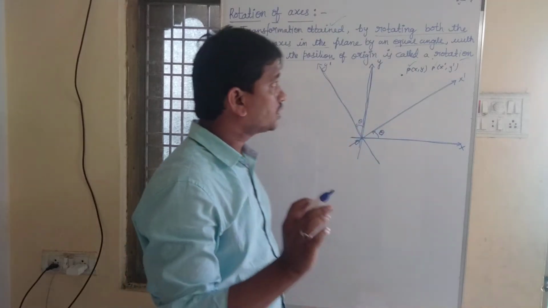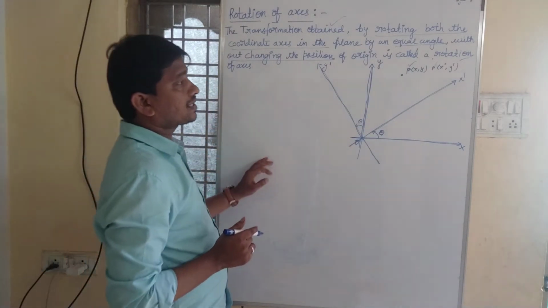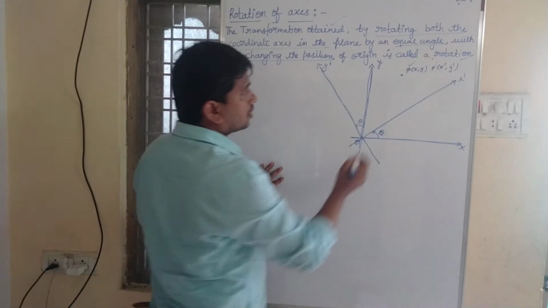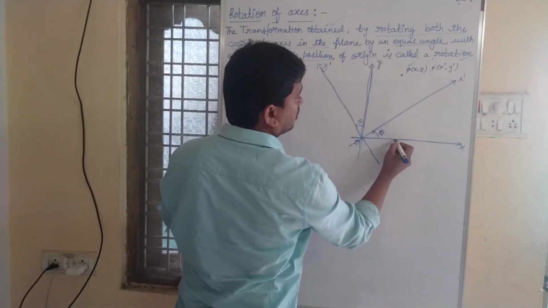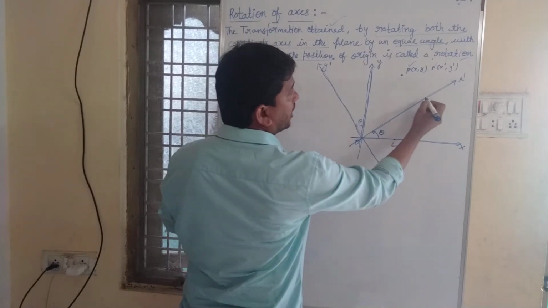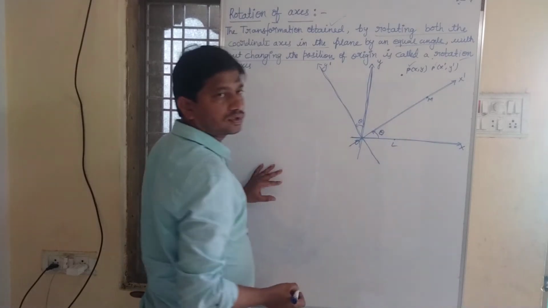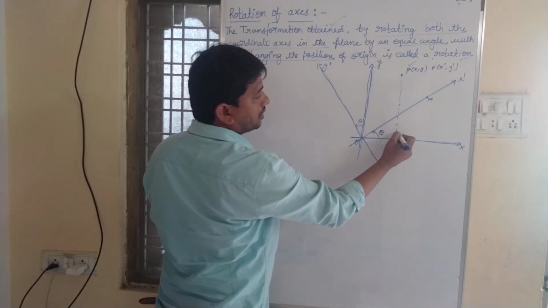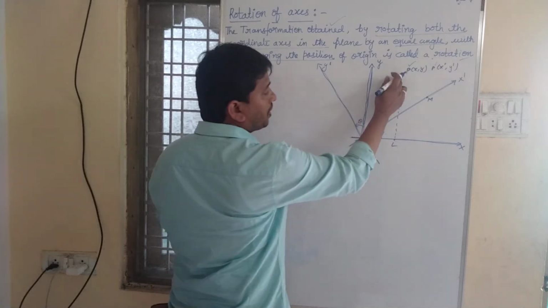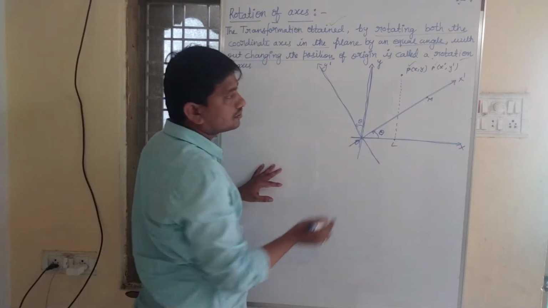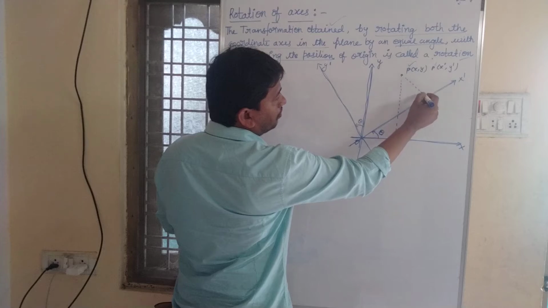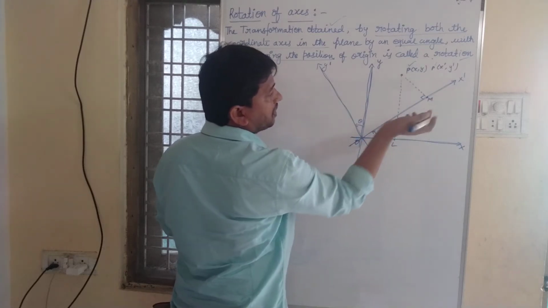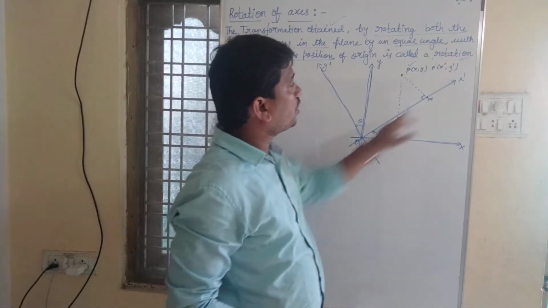Now what do we do? Let us construct perpendiculars, that is L and M. See, children, PL is the perpendicular from point P to OX. PM is the perpendicular from point P on OX dash.